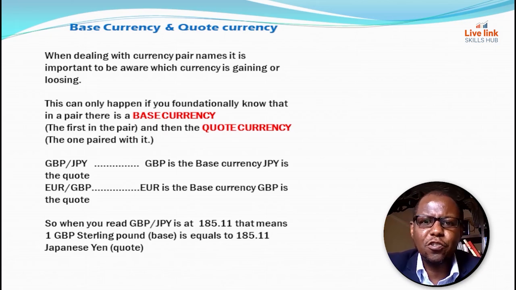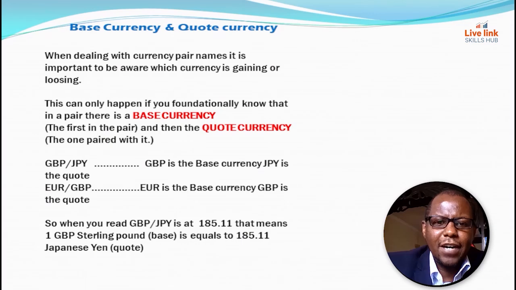We talked about the strength difference: when one in the pair is going up, the other in the pair is going down. So there's that fluctuation, that change. How do we calculate that change? That fluctuation is calculated using a certain measurement called a pip.